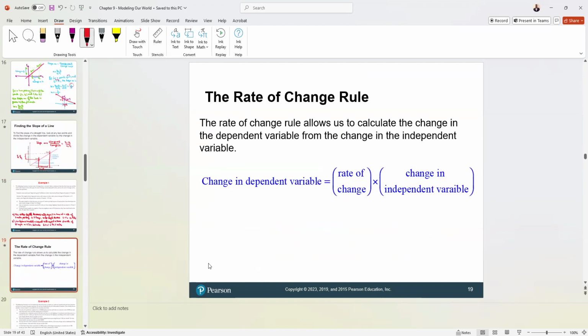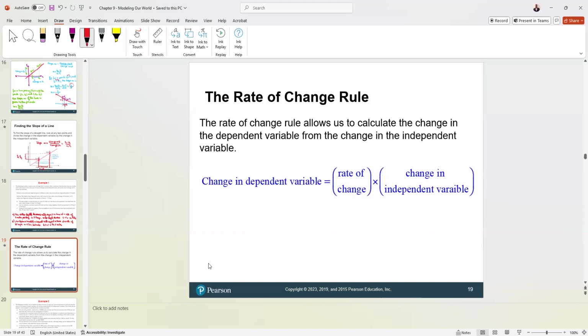Now we're going to go for the rate of change rule, because there is so much to learn about the rate of change. There is a formula that we can definitely use for it.